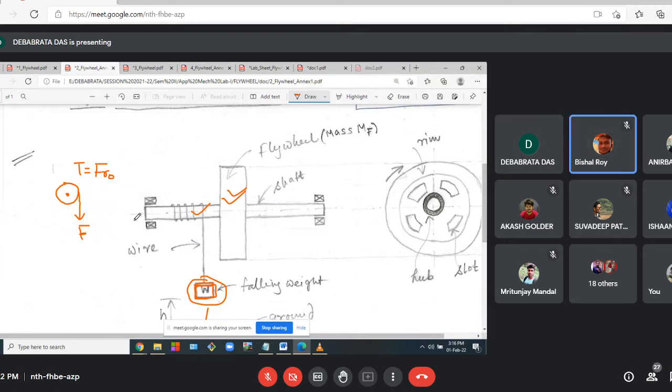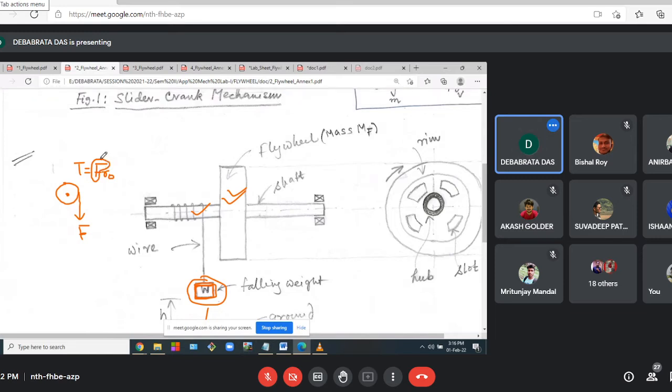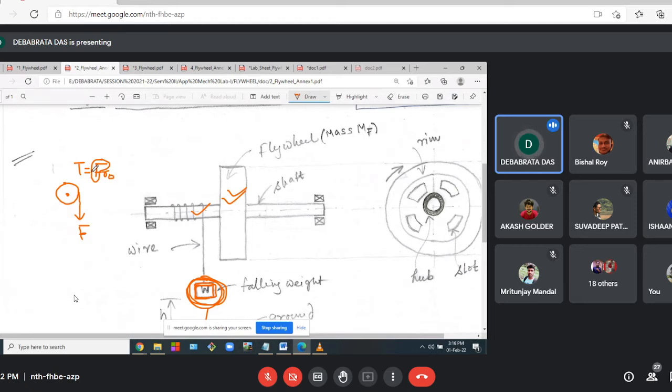So what we have to find out is F, and that F we have to find out from the free body diagram of the weight. That is, we have to go to the kinetics of this weight. We have to find out the cable tension, which multiplied by R naught will give the motive torque.